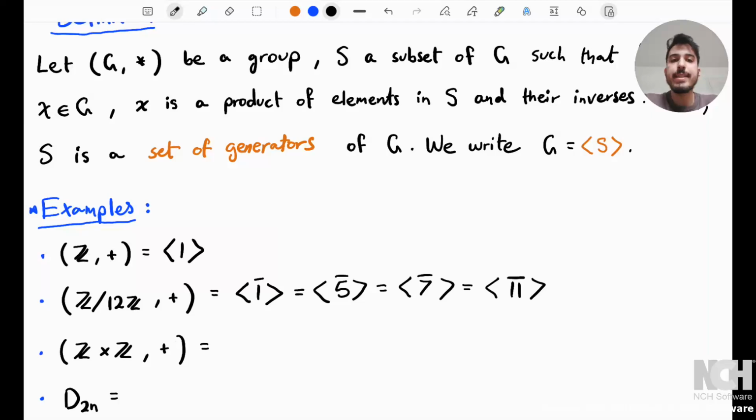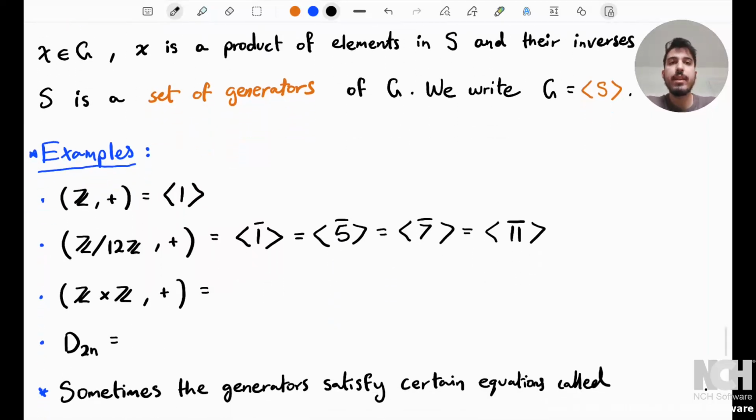What about Z cross Z with the addition? Z cross Z, as some of you may know, is just the vector space of 2 dimensions, Z squared. And that could be generated by 2 vectors, which are (0, 1) and (1, 0).